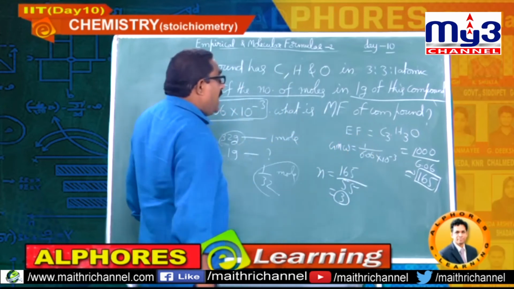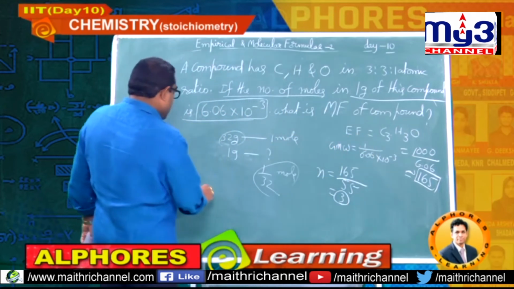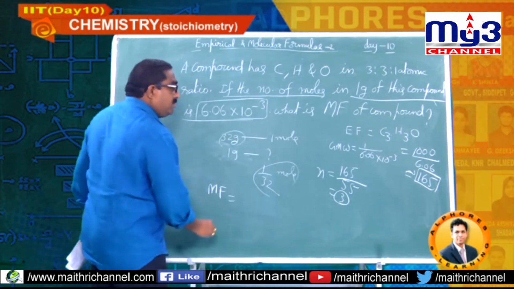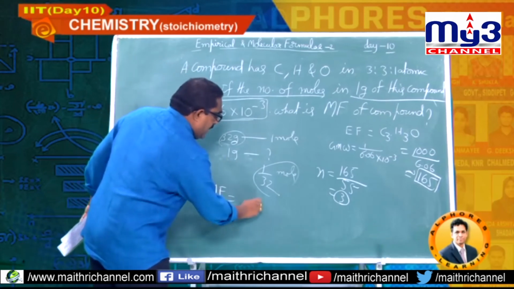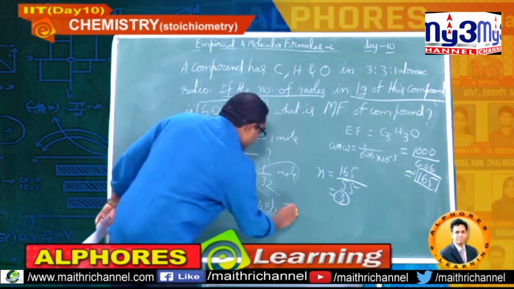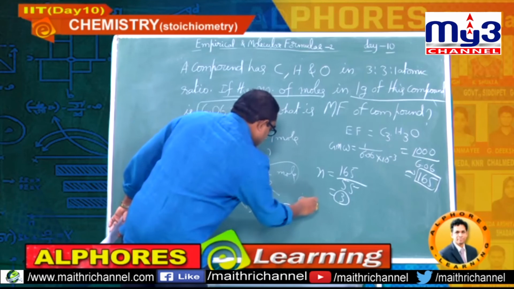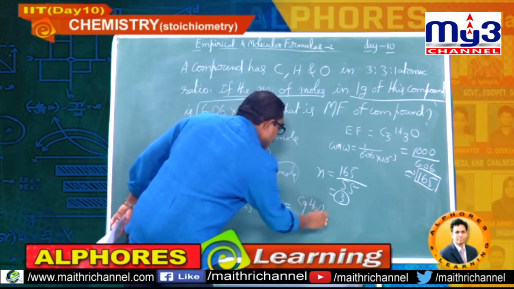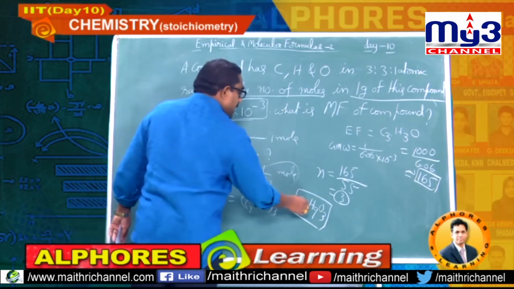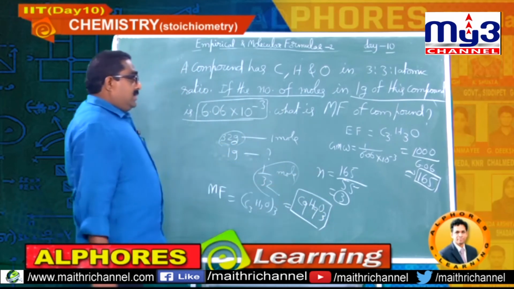So finally I can report the answer. See, I am writing the answer here. Molecular formula is equal to C3H3O taken thrice, and finally you can report C9H9O3. So that is your final answer, dear students.